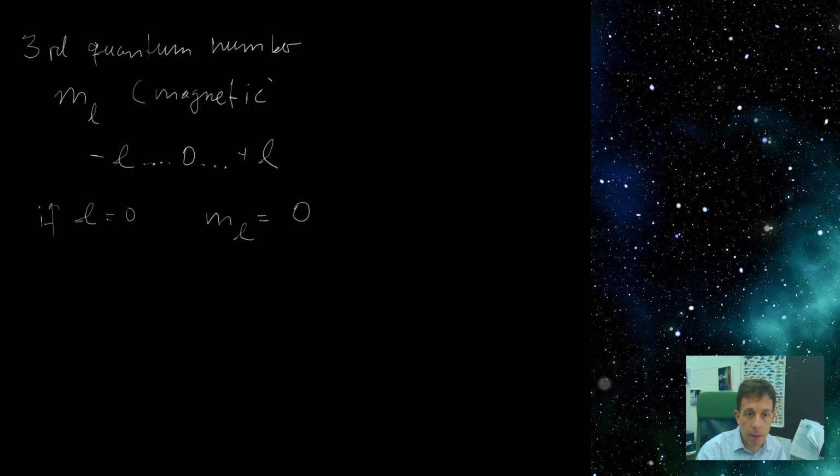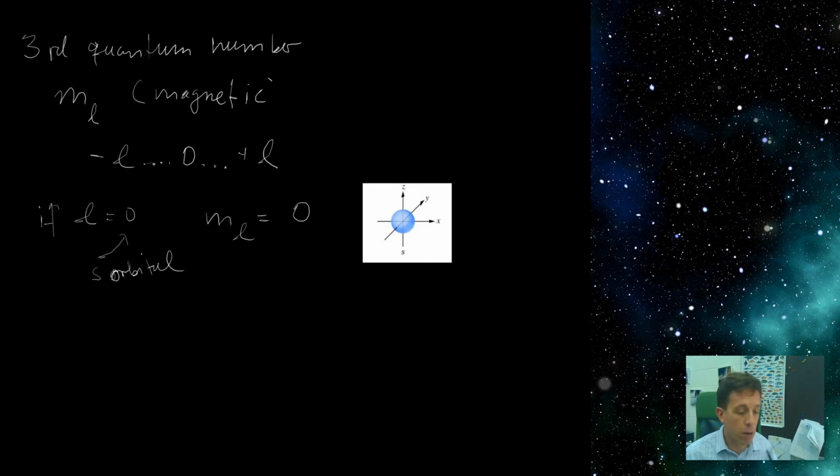So that means that for this s orbital right here, we can really only have one of those available. We look at these spheres, and there's only one possible solution of this s orbital. So we only have one s orbital at that level.